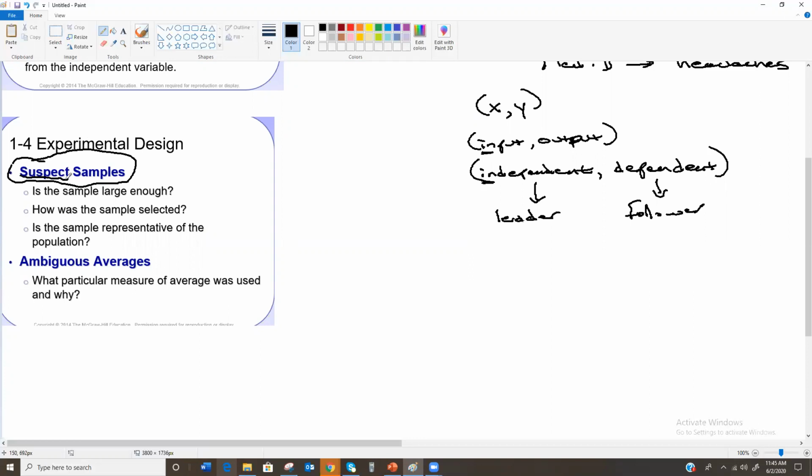So if you did a convenience study, that might result in a suspect sample, because we want to know, was the sample large enough? How was it selected? Is it representative of the population? So if you're not sure that the data was collected well, you might have a suspect sample. And when we say suspect, we mean questionable.